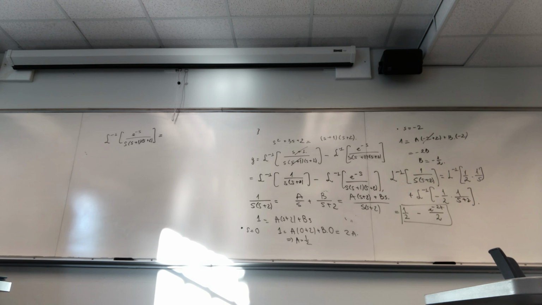So what should I do? We know that the Laplace transform of f of t minus the constant times the Heaviside function of t minus the constant will be e to the negative cs times the Laplace transform of f of t. And so here we can see that c is 1, and the Laplace transform of f of t will be 1 over s plus 1 times s plus 2, so we need to solve for f of t, and then we can determine the inverse of that whole thing.